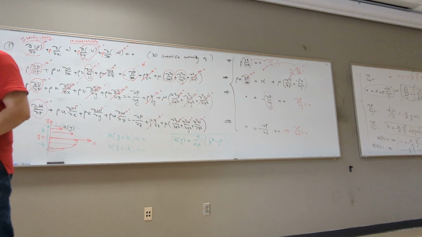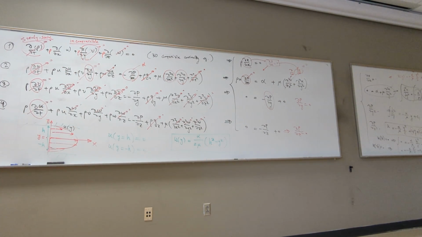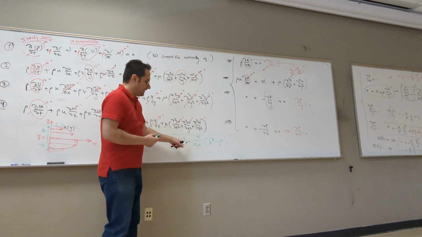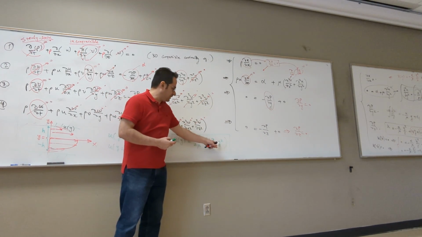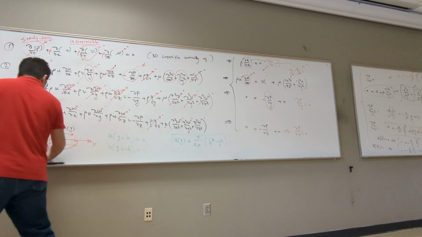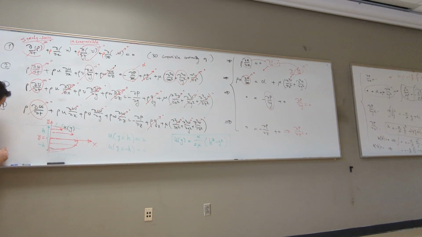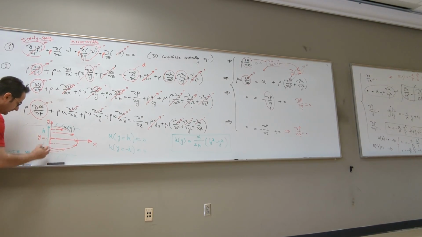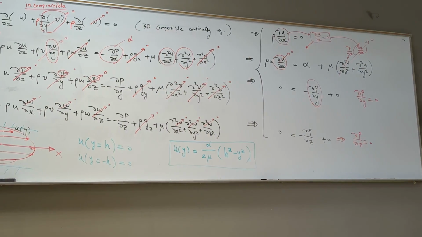Now for verification, is this really valid? Look at the physics. Does it match the physics? What do I get if I put y equal to negative h, the lower wall? 0.